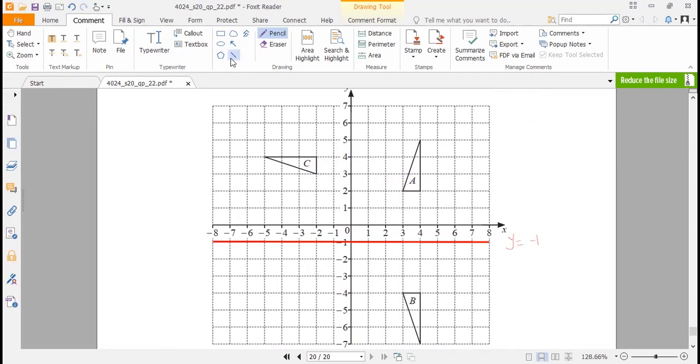If I join this line with this, we can see that it forms 90 degrees, so the rotation is 90 degrees anti-clockwise.